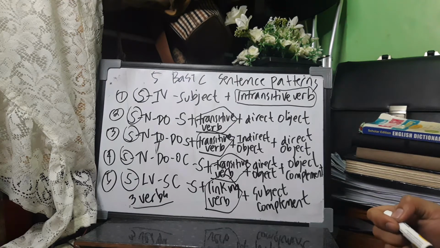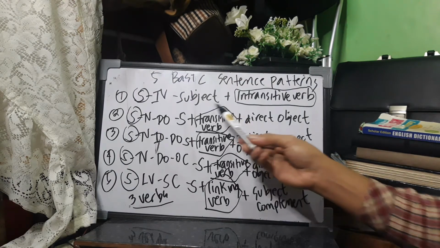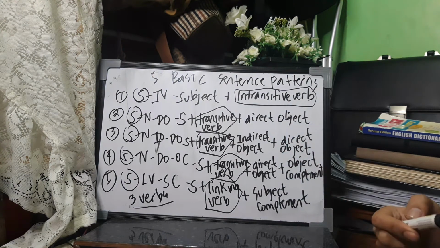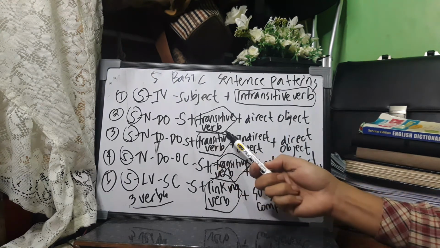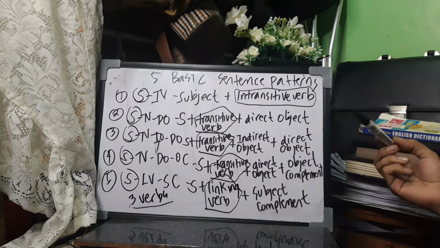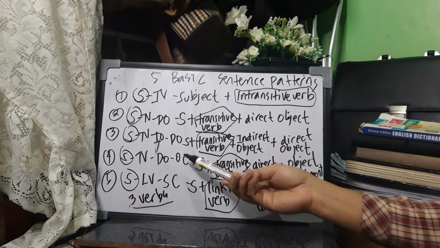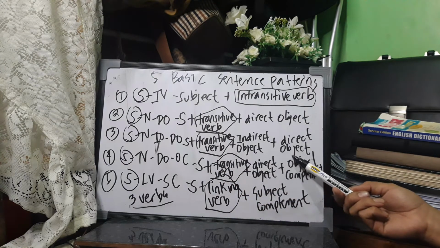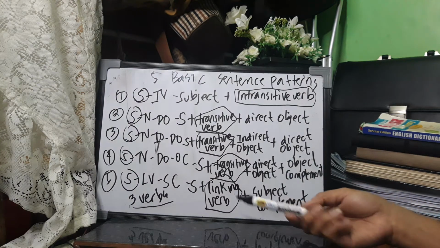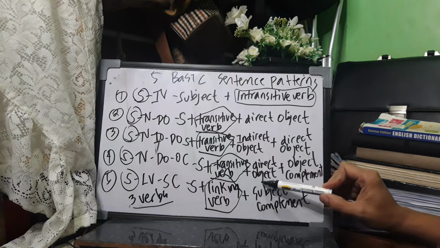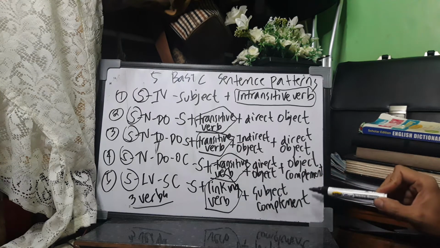Again, sentence pattern number one is the subject plus intransitive verb. Sentence pattern number two, we have the subject, transitive verb, direct object. Sentence pattern number three, we have the subject, transitive verb, indirect object plus direct object. Sentence pattern number four, we have the subject plus the transitive verb, direct object plus object complement.